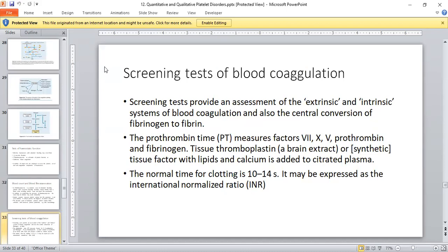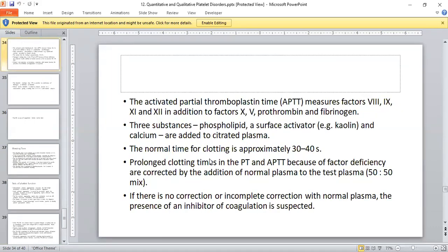So there are also screening tests. Some of these tests are specific for different pathways, the pathways we mentioned, whether it's the intrinsic one or the extrinsic one. Some of these tests include prothrombin time. Prothrombin time is basically the time taken for plasma to clot after the addition of tissue factor.